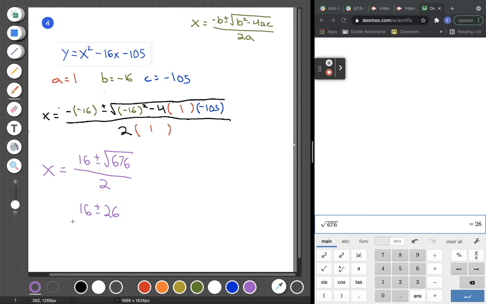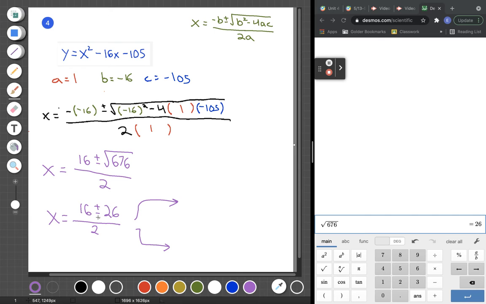So we're getting, and then this is still all over 2. So we're getting super close. Okay, finally, the last thing I need to do is actually this plus or minus. So finally, once I get this broken down as much as I can, down to this, we're going to break this into 2 different problems, okay?